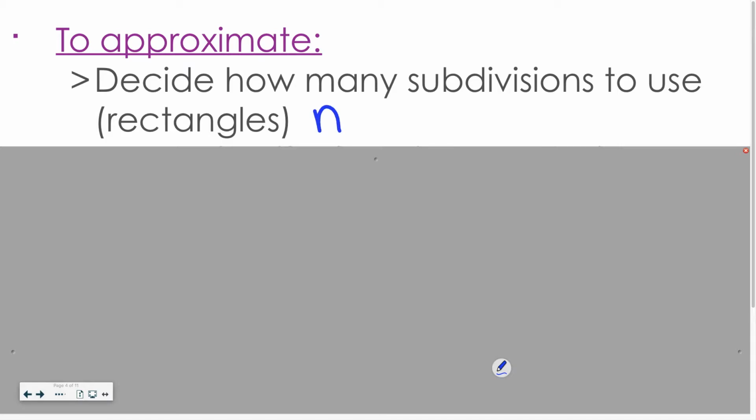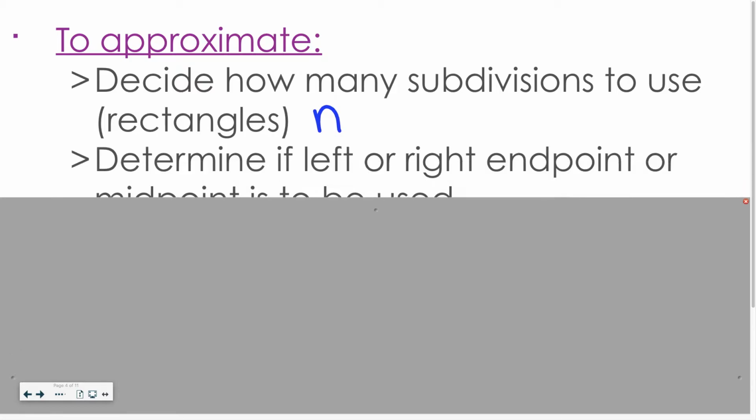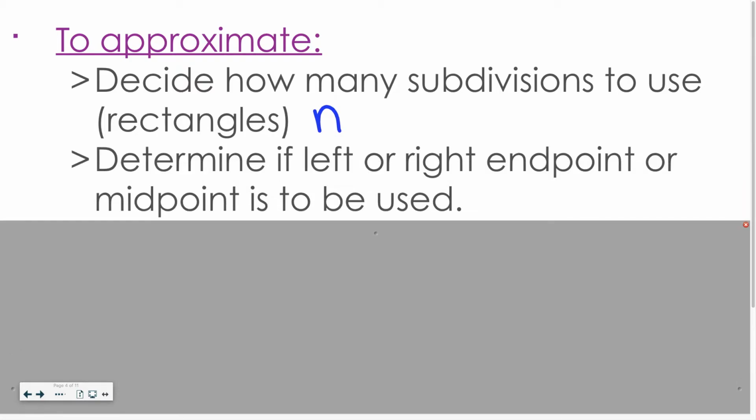You may want to even write down that is n. The number of rectangles is represented with n. Then we are going to figure out if we're using left, right, or midpoints. Now, this will either be given to you directly, or you're going to have to deduce it with some information.